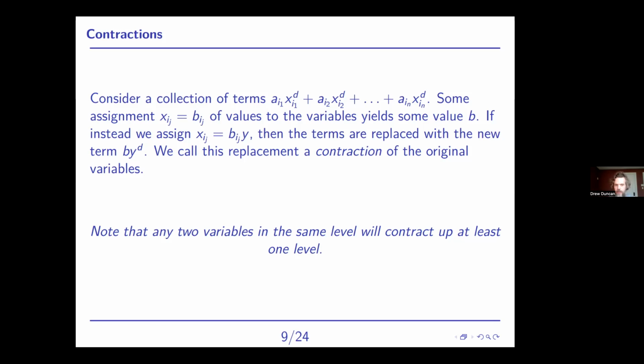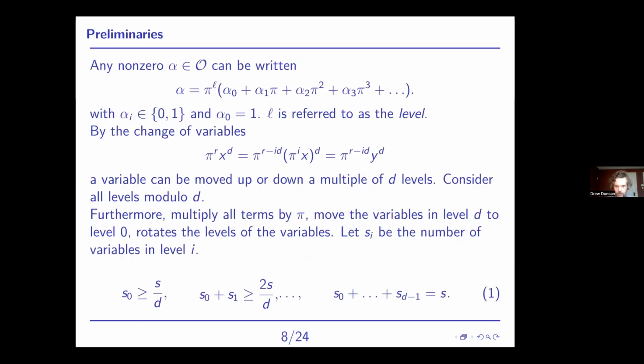So that's pretty clear. Another thing to note in our specific situation is that if we take any two variables in the same level, if I could just back up one slide, they're going to share the same L here in this representation. And their alpha 0 term, their lowest order term in both cases will be 1. And that means that we can add those two values together to get a new value that has a 2 right here in this lowest order term.